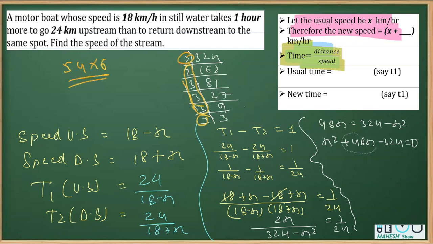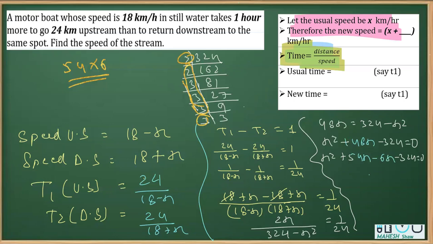I'm splitting this positive 48 here, and I can write this as x squared plus 54x minus 6x minus 324 equals 0. So that's very clear from here how I have split 48.